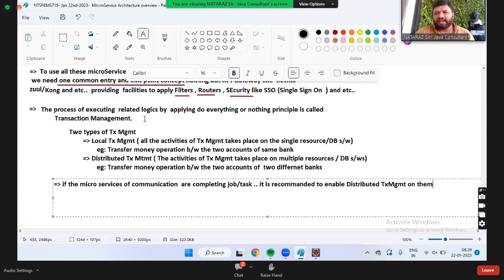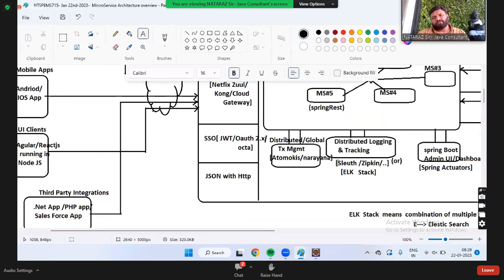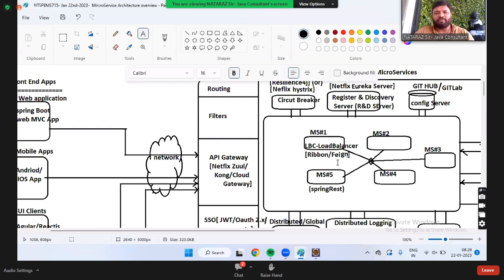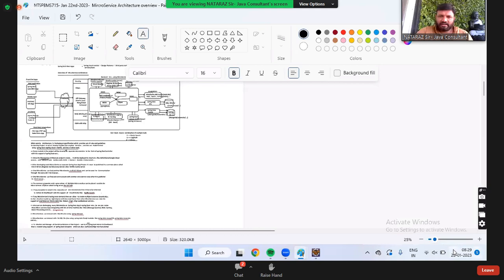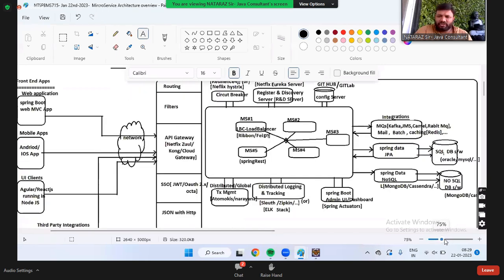I think you got a nice idea about the overall architecture of microservices, guys. This is the overview. If someone asks you what you know in microservices, you draw this diagram and explain each part.